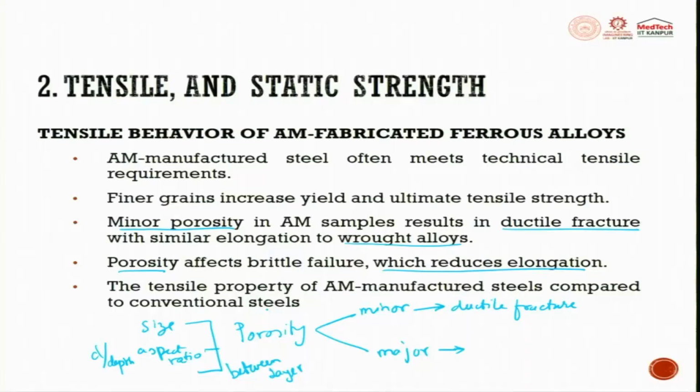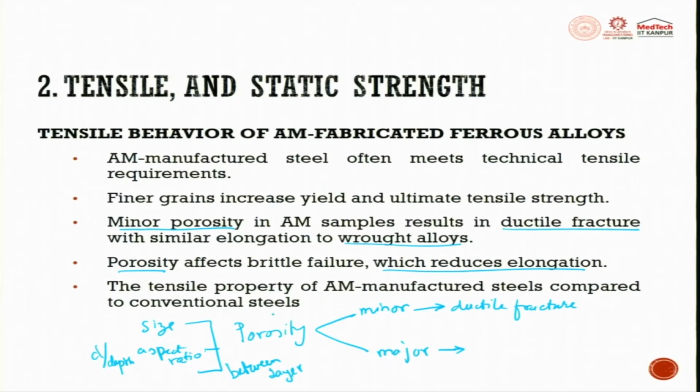We are talking about a part where it is complex, where you have the 3-dimensional aspect of the part. There we are able to compare. It is with respect to a part and not a sheet metal formed part. Keep that in mind. So, additive manufactured steel is compared to that of conventional steel.